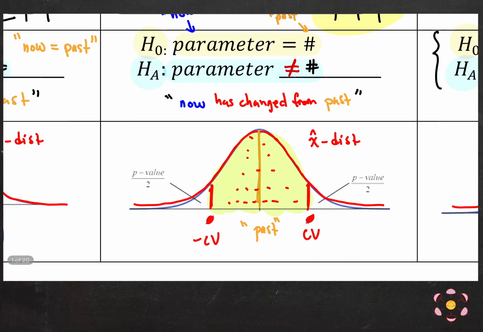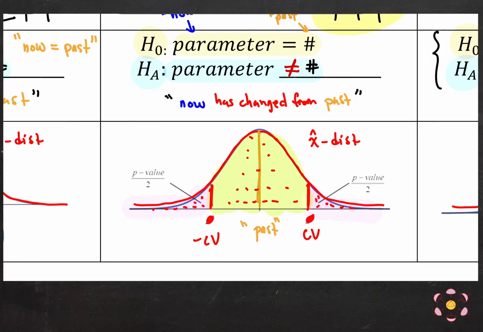So if our samples come from between the two critical values, that's where we basically expected them to come from, so we don't change our minds. However, if our samples come from either the left or the right tail, then we say, you know what?